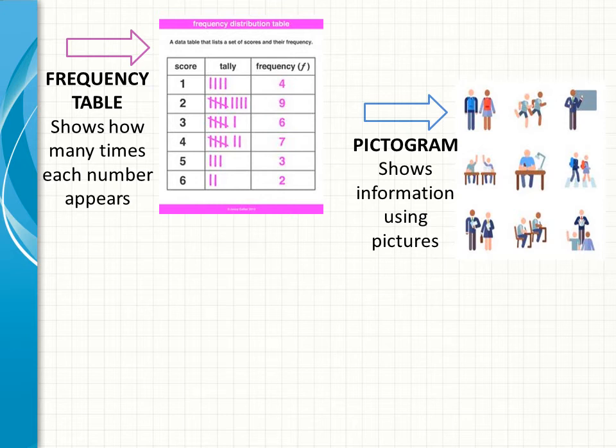Basically, what the pictogram does is it will use a picture to show you the information. It may not say any word, but it will show you a picture and give you information with the picture. How many students are currently having PE? Can you see that? We have 2 people running, so we can say 2 students are currently having PE.